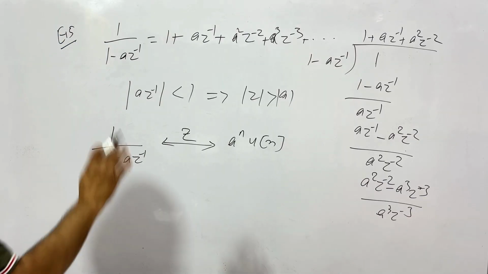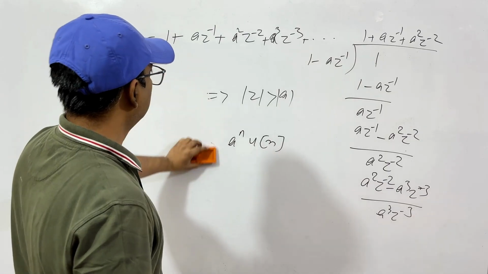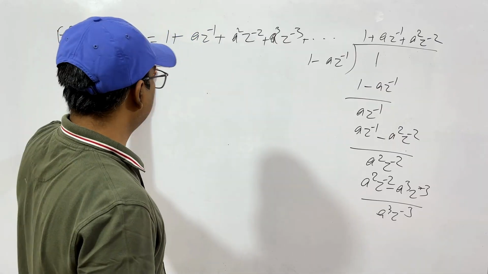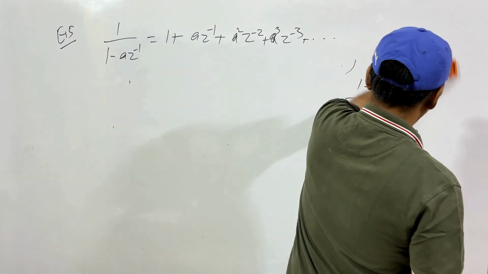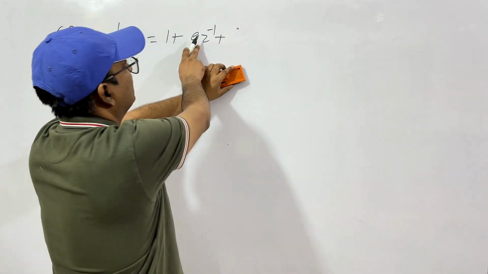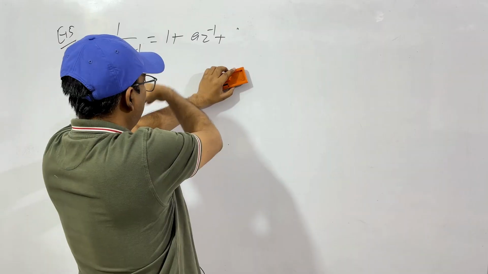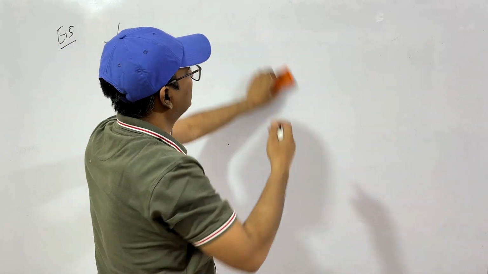Okay, that was the first one. Now we'll go to the second way, that is when |z| is less than |a|. If this ratio is less than 1, we were able to do this. But what if the ratio is greater than 1?